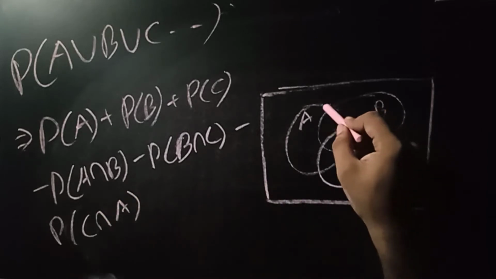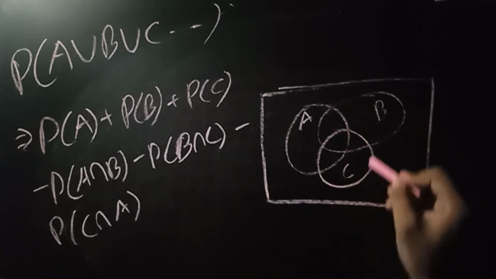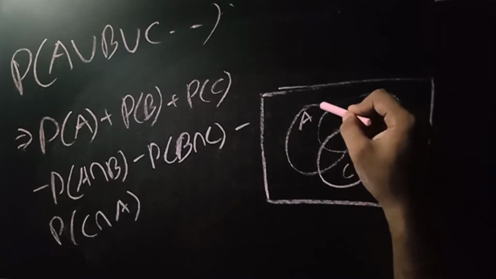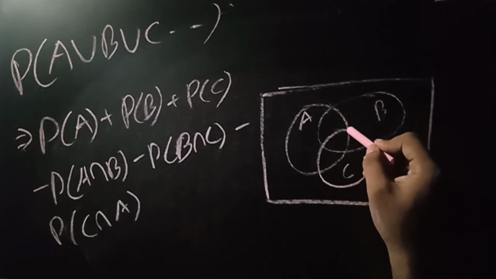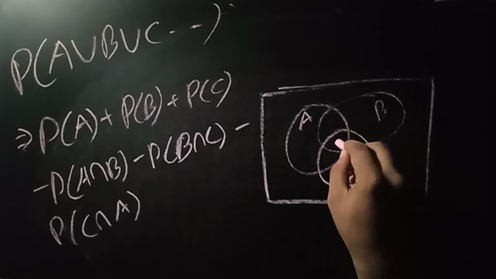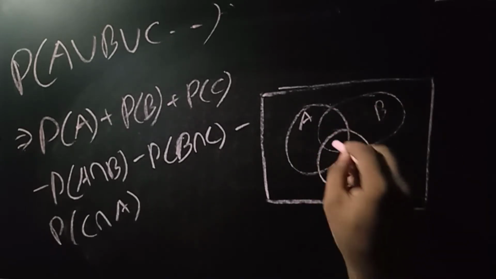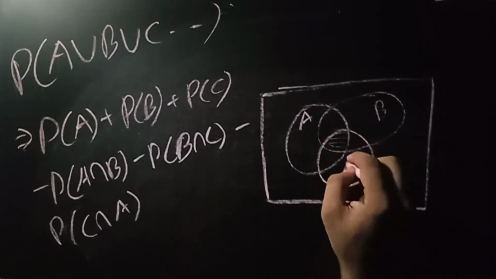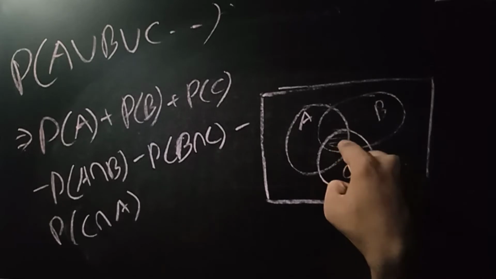Now if you see, we subtracted this, this, and this portion. When we took this middle part three times, in A, in B, and in C, we also subtracted this common region three times. So there is nothing in this region right now.